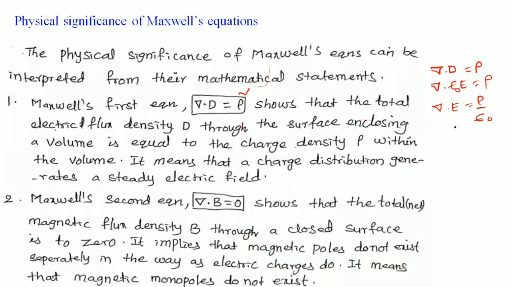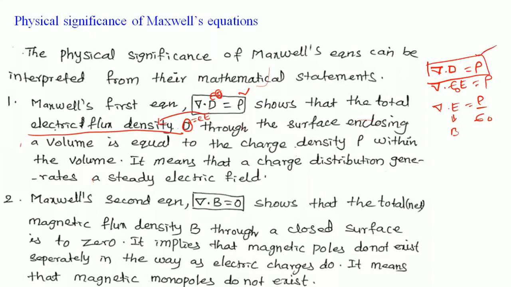Actually, this E is treated as flux density also. D is equal to epsilon into E. Actually, D is the displacement vector, and displacement vector is equal to epsilon into E. So the total electric flux density through the surface enclosing a volume is equal to the charge density within the volume. What are they telling? The first equation, del dot D is equal to rho, is the charge density.